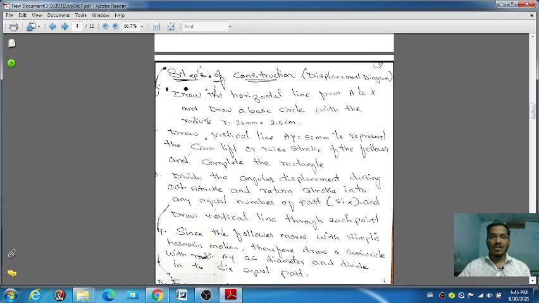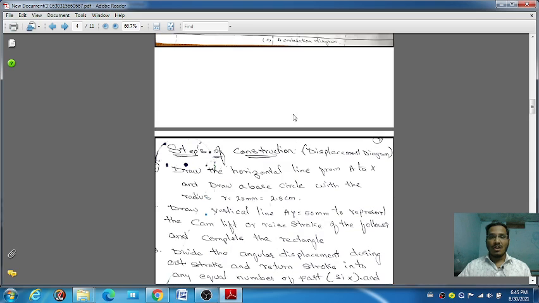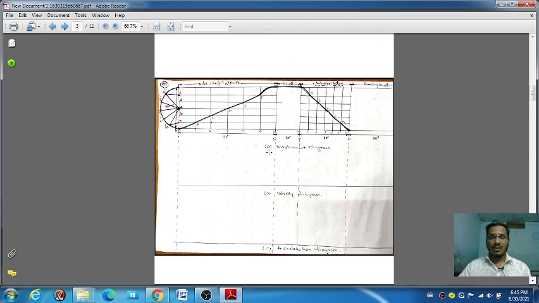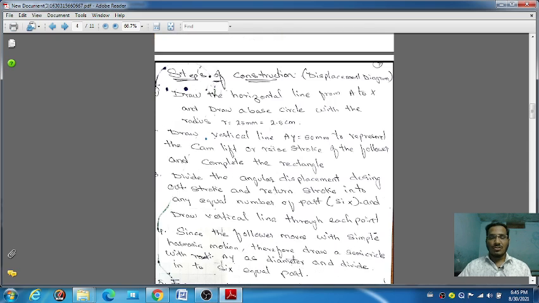You know very well what the steps of construction are for drawing this displacement diagram. In the first video of the board I gave the steps of construction, and in the previous videos I did not give them, as the same points are repeated.